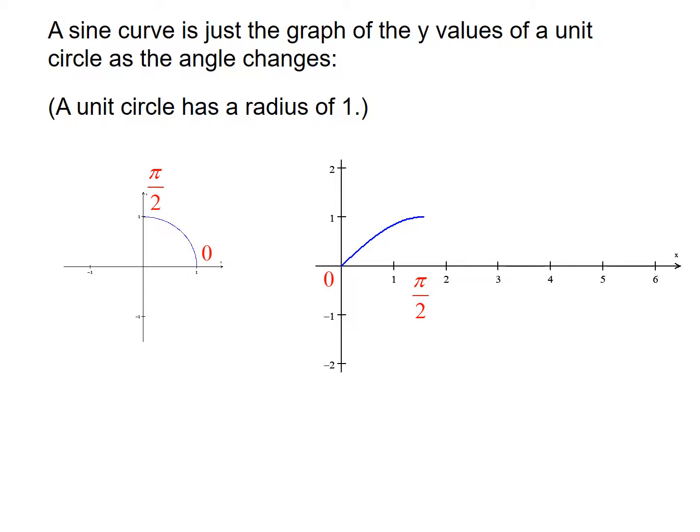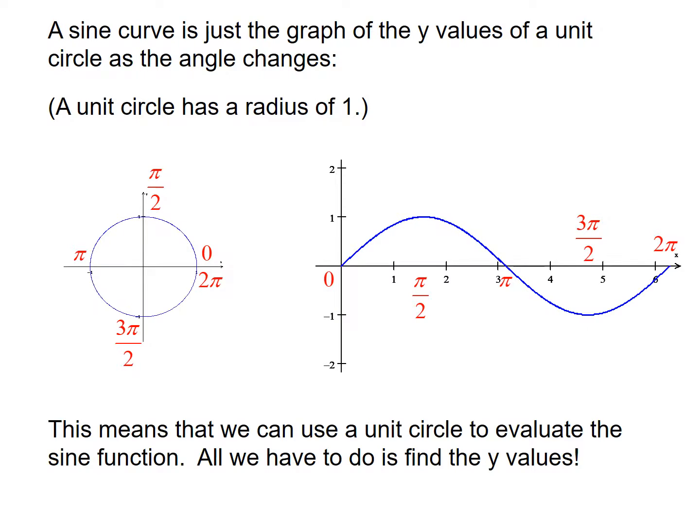As we move around then to an angle of pi, about 3.14, we're back to 0, then negative, and then back to 0 again at 2 pi. So going around this unit circle, plotting the y values to the angles, we end up with the sine curve.